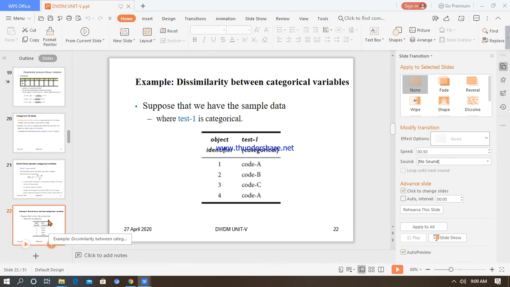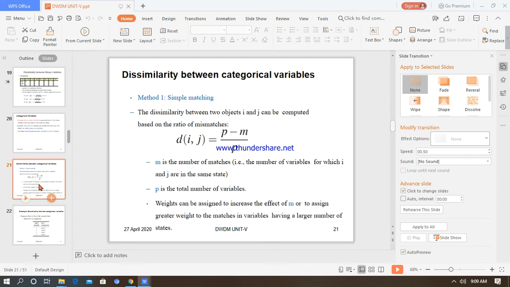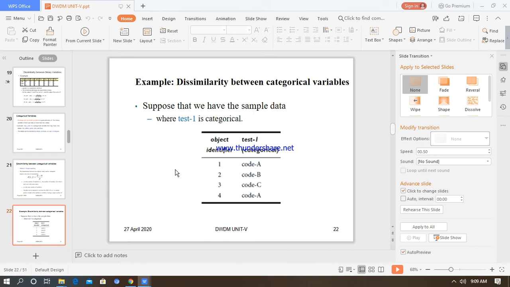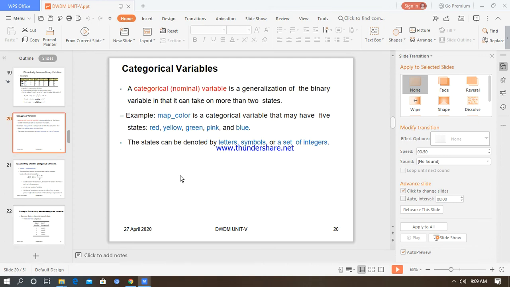Now if we substitute this into our variables, we'll be getting something like this. I hope you remember our first dissimilarity matrix.